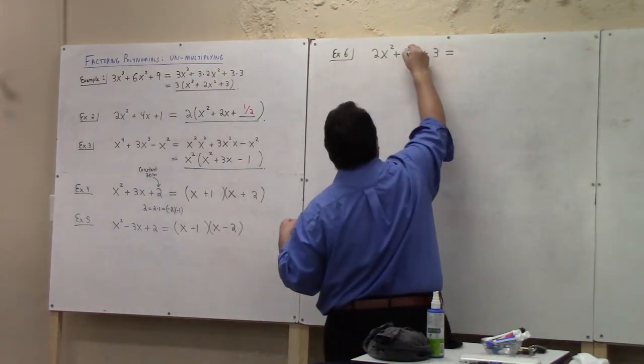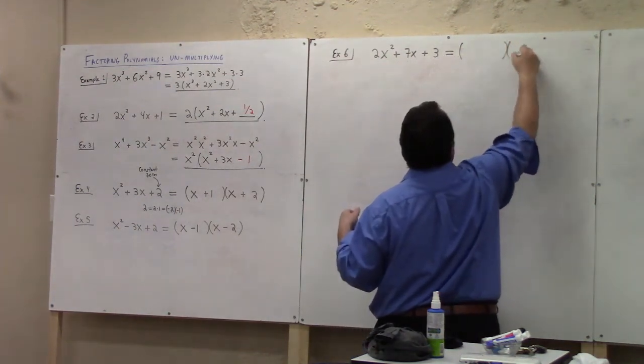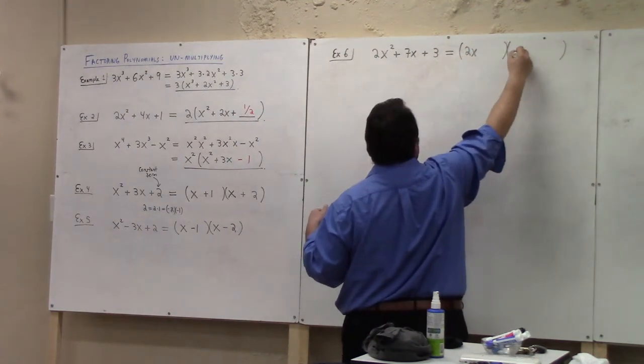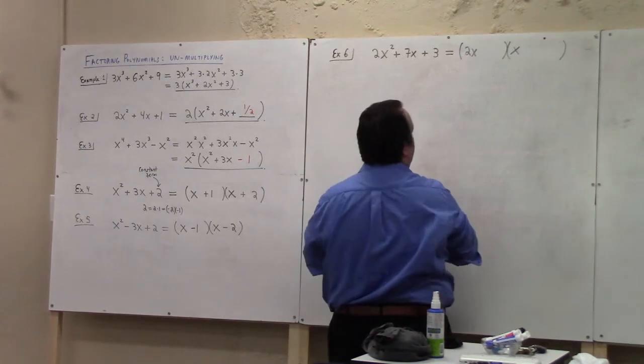I meant a 7. All right, so something like this, maybe we should put 2x here, right? Put x over here. And what's 3?